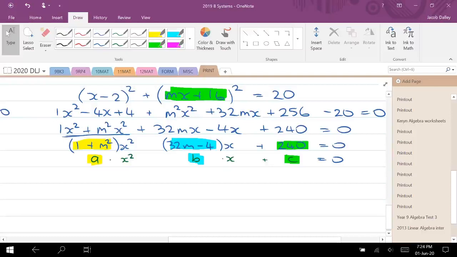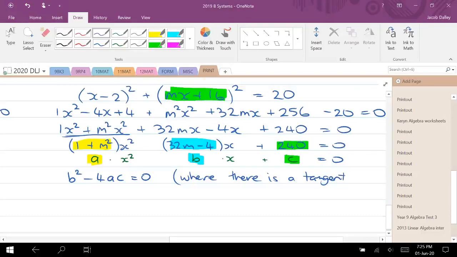So once we're at this stage where we've gotten down to our quadratic brackets, we need to use the tangent condition. The discriminant, which is the part under the square root in our quadratic formula, when that part is equal to 0, that is where there is a tangent solution, right?